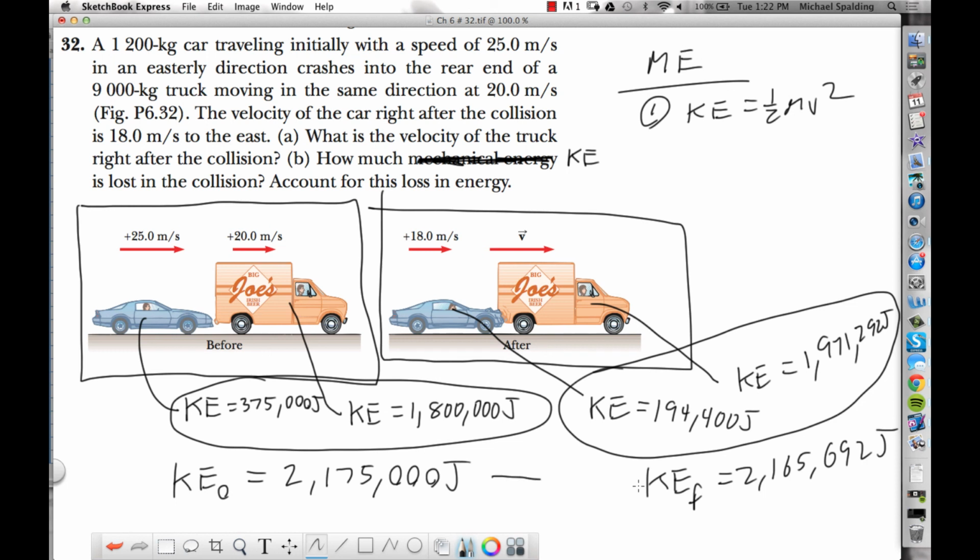If you compare these two values, did we lose a little bit? Yep. How much did we lose? You subtract them, and it's about 9,300 joules. In this collision, we lost 9,300 joules.